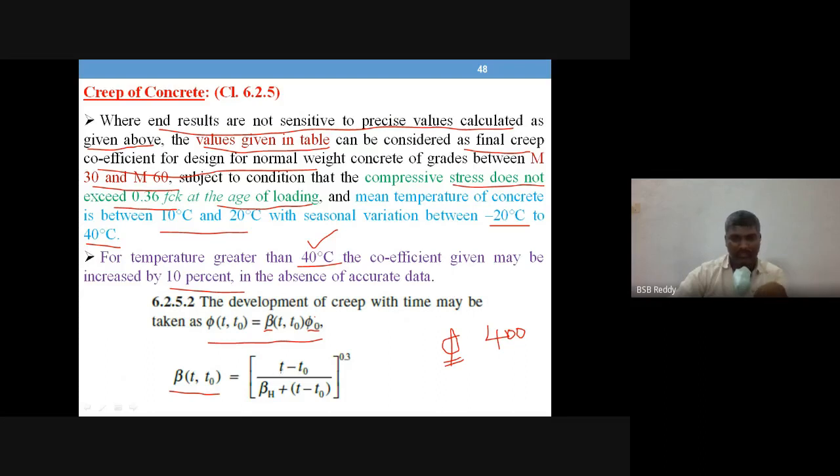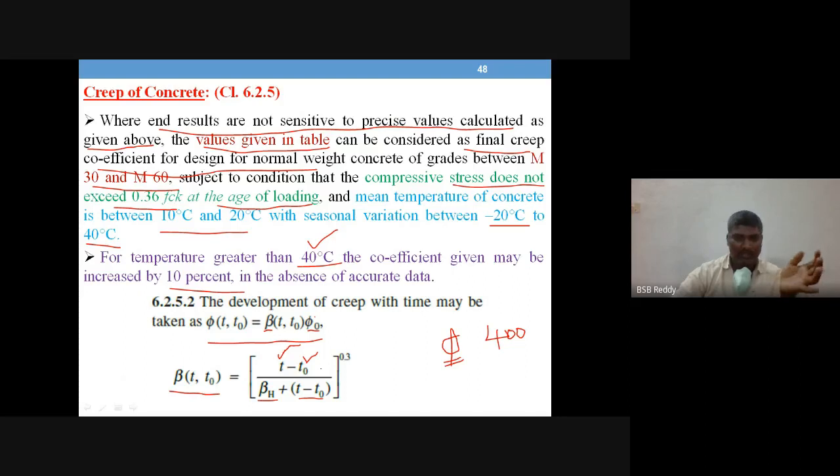As I say the formula, you can parallelly refer to your IS code. So you want the quantities: at what time you want this phi value, like I said 400 days, and t naught, the age of loading, where you start the loading, maybe 7 days or 28 days. And beta H to estimate.